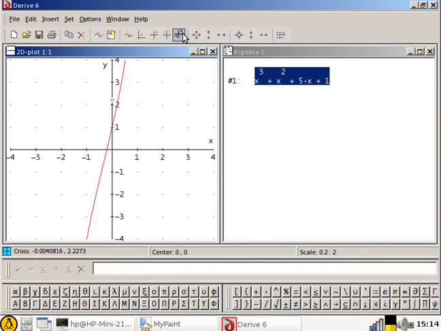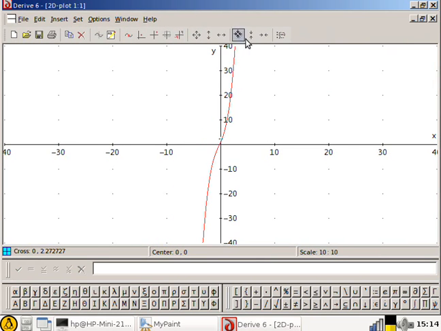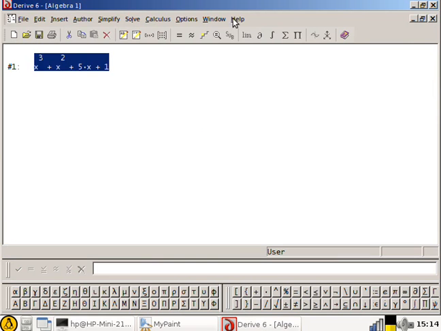Actually, let's make it a little easier by just making it a quadratic instead. x squared plus 5x plus 9.